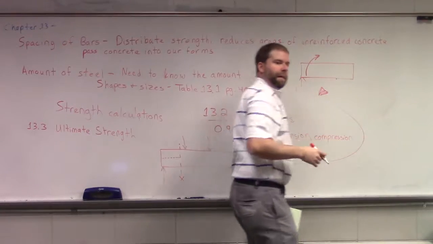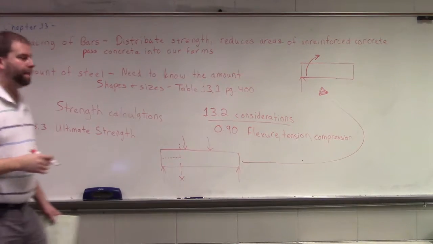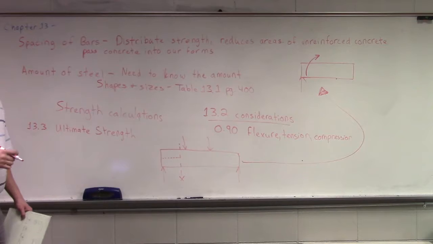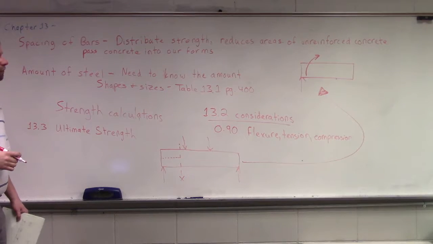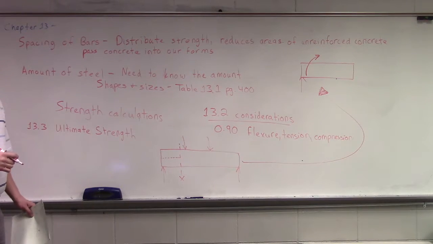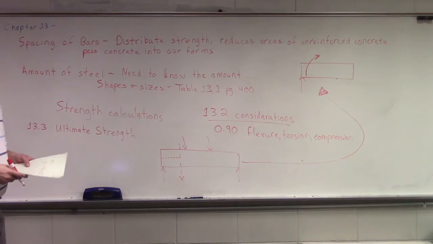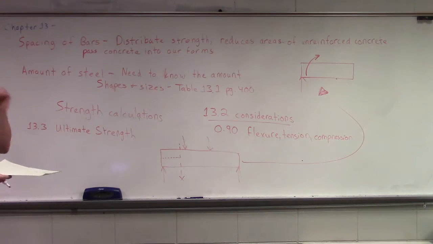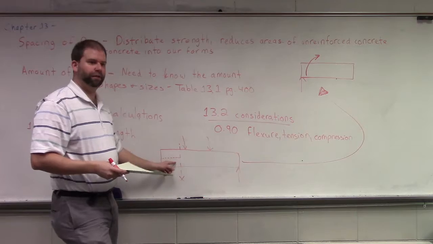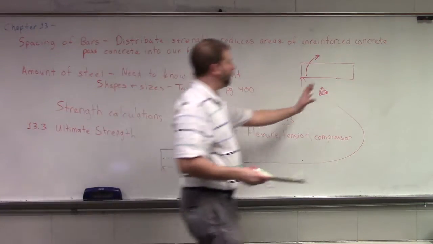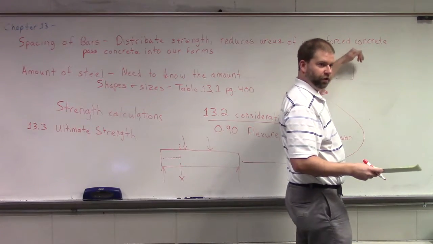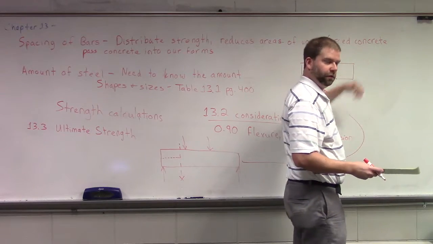If you cut after this reaction, wouldn't it be negative? Wouldn't it want to rotate down because it no longer has that reaction? Look at where you cut the beam itself.